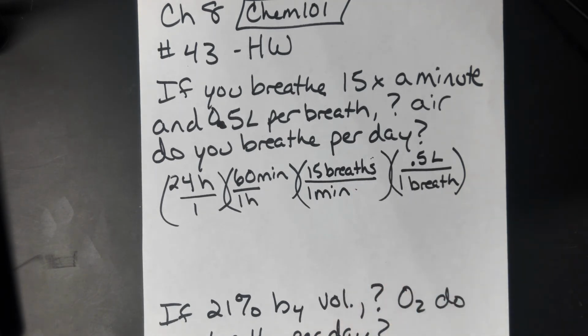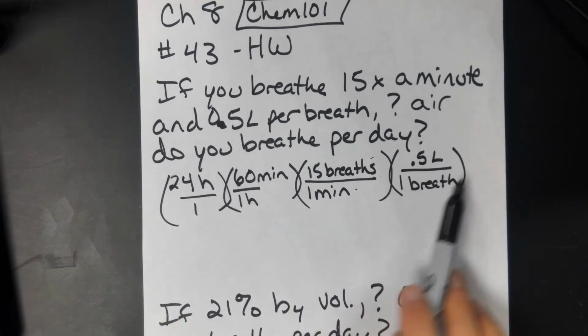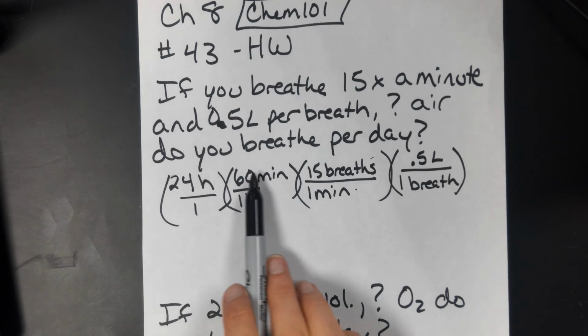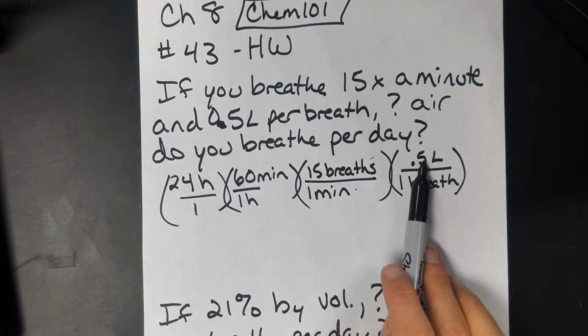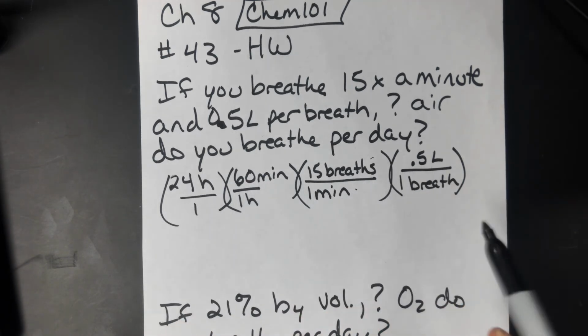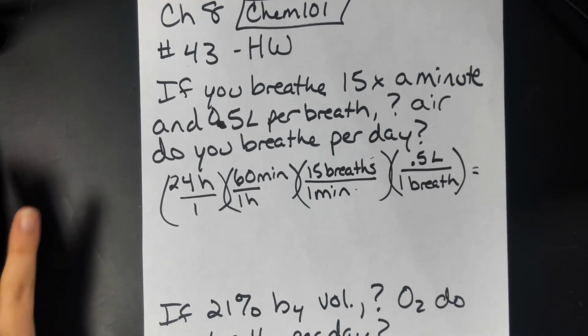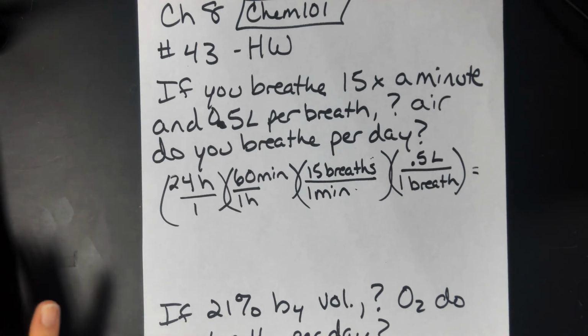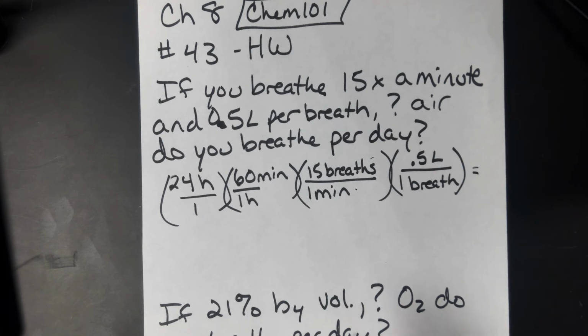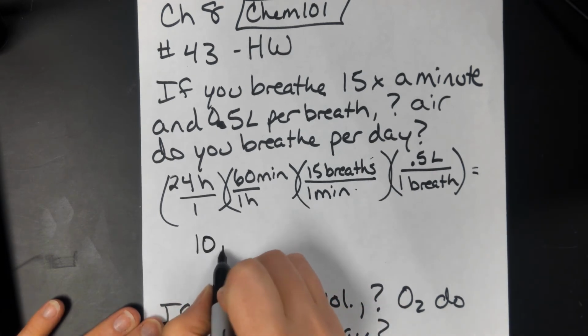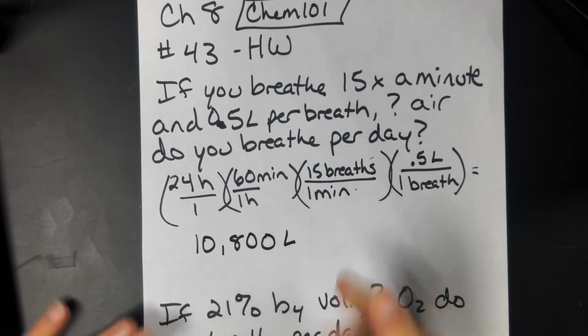I'm going to have a calculator on the side here, and in my calculator I'm quite literally typing all the tops divided by all the bottoms. So it's 24 times 60 times 15 times 0.5 divided by 1. I got 10,800 liters.